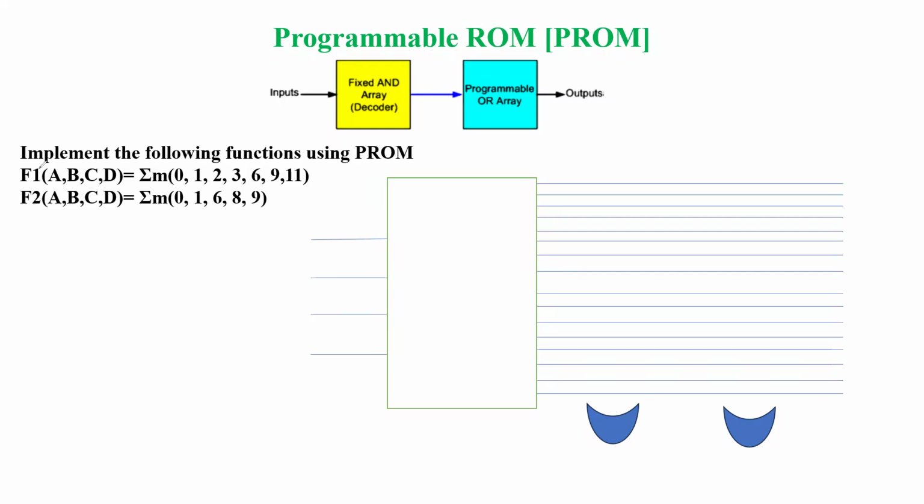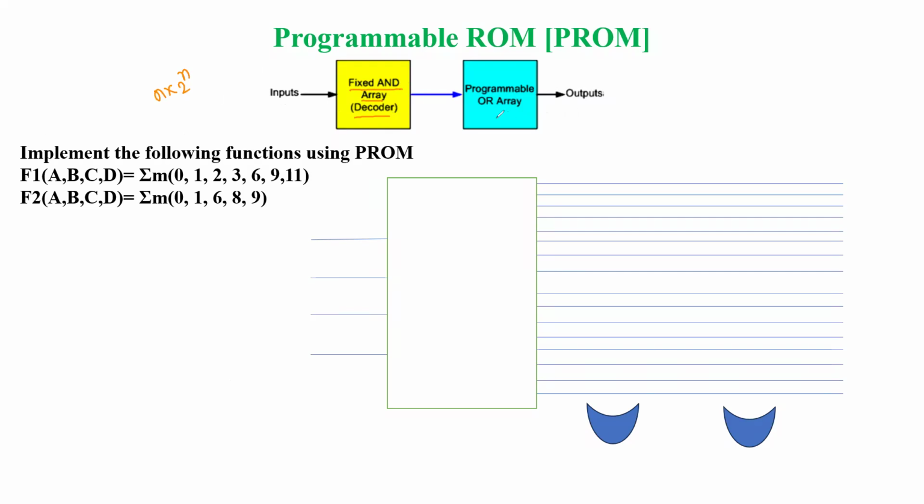Here, if you observe the first block diagram, we can use either the fixed AND array or the decoder. You already have information about the decoder. The decoder can be designed with n inputs and has 2 to the power n outputs.